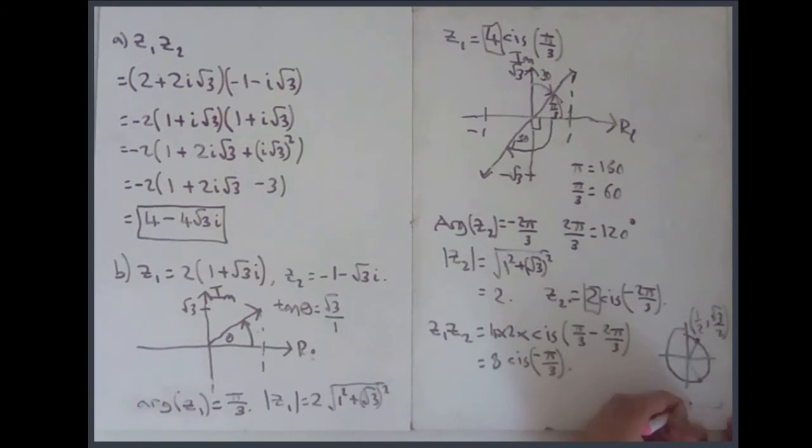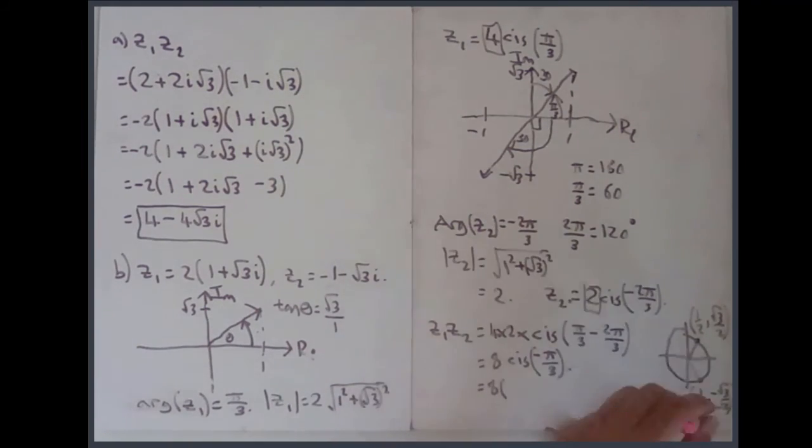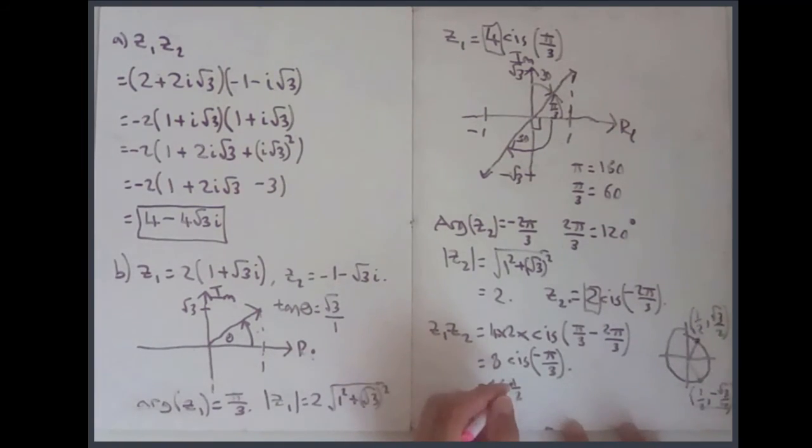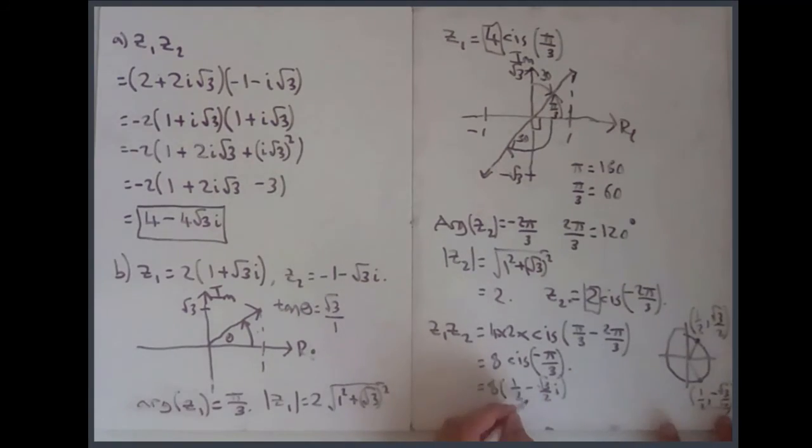So if we go down to the negative, cos is going to be the same, a half, and the other one's going to be minus root 3 over 2. Okay, so that equals 8 times cos minus pi by 3 is a half, plus i sine minus pi by 3, so that's going to be plus i times minus root 3 over 2, so it's minus root 3 over 2 i. So that is going to equal 8 times a half is 4, minus, and then you've got 8 over 2 is 4, so it would be minus 4 root 3 i.